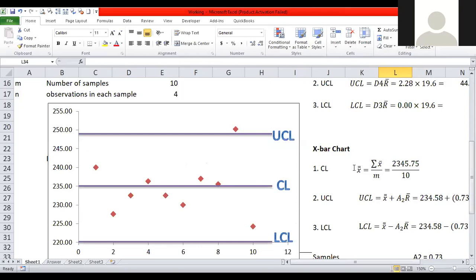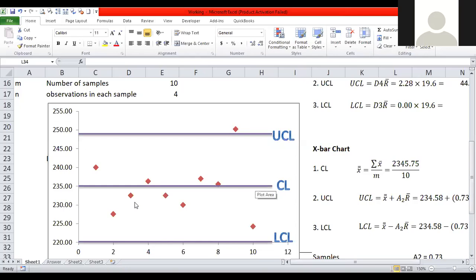Maybe it is difficult for you to tell me, but based on this graph, see, this is the central line, the middle line, and all the points are within the limit, but one point is out of the limit.